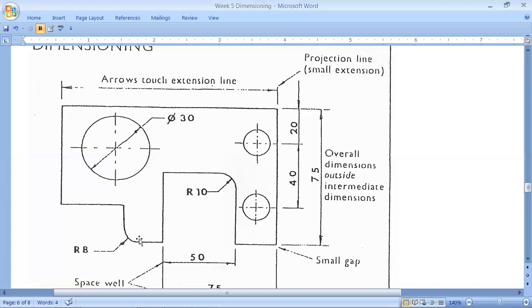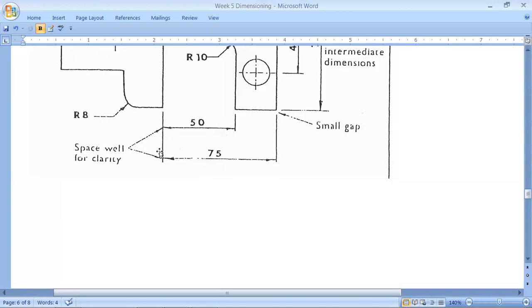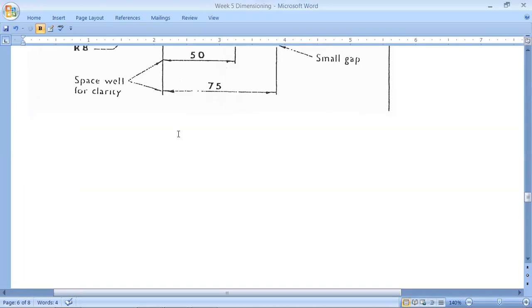For a radius, the arrow starts at the particular radius detail, and then you place the letter R and the value for that radius. Leave a small gap between the drawing and the dimension, and space well between the two dimensions for clarity.